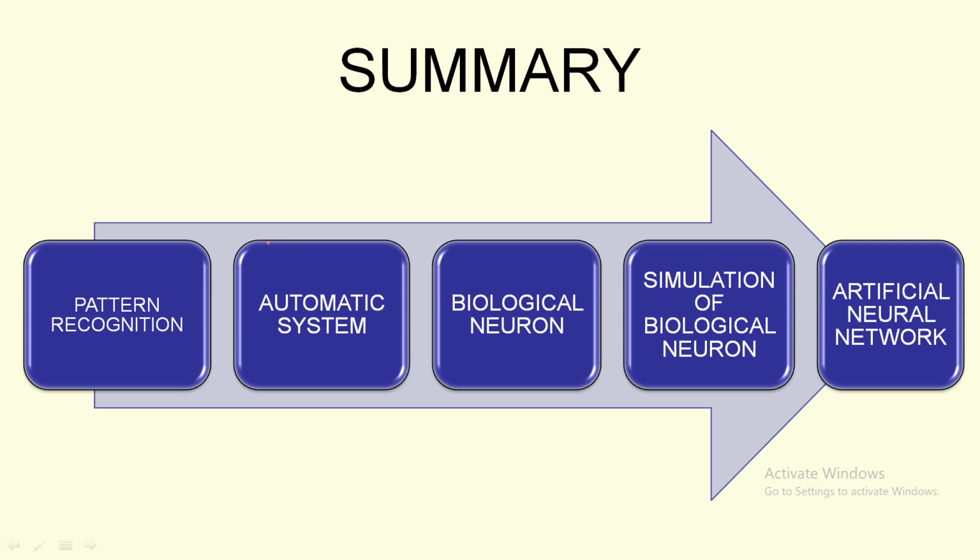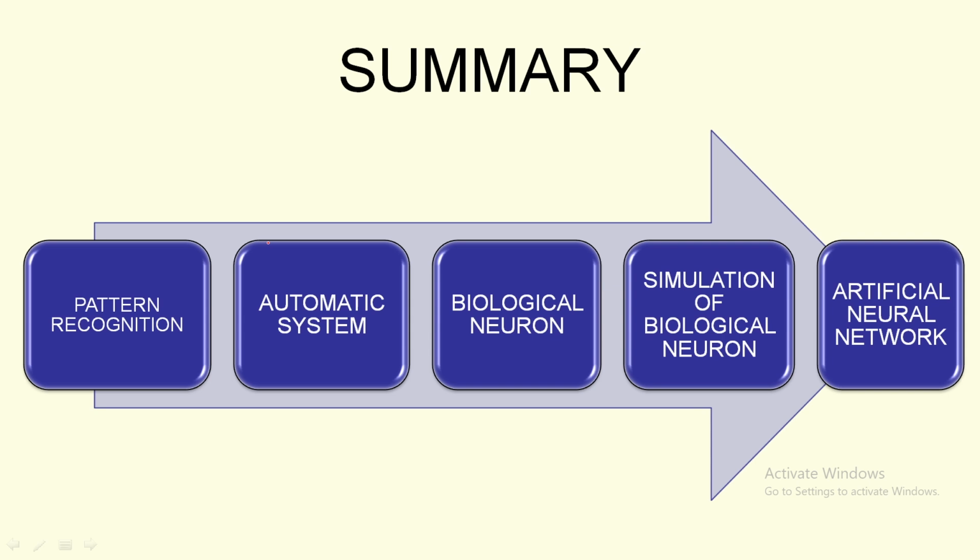So let me summarize this presentation. We have seen what pattern recognition is, how patterns are identified by human beings, why humans are good at pattern recognition, and what the need of the industry as well as the society is. We need an automatic pattern recognition system. In order to build one, we need to create an artificial version of our human brain.